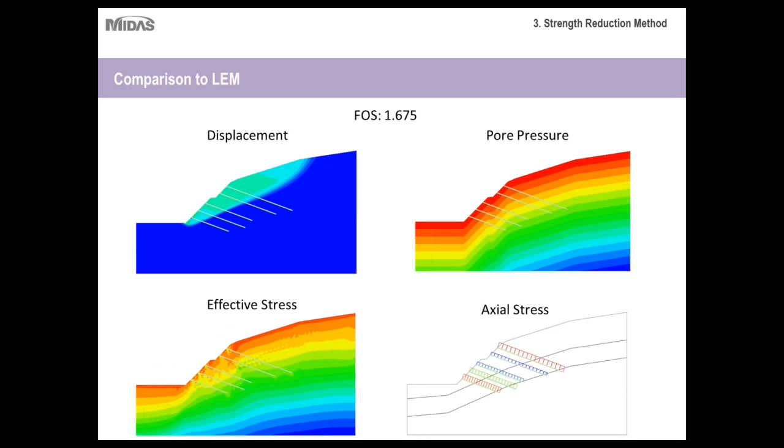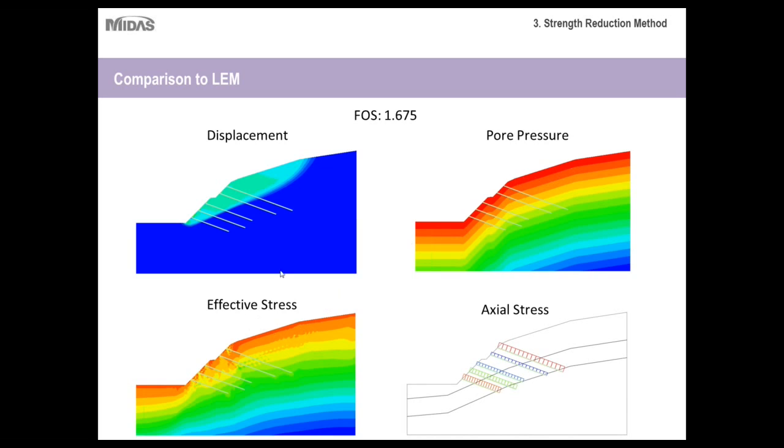Okay, but with the strength reduction method, aside from just the factor of safety, there are other results to be taken into account as well. So the factor of safety for this project was about 1.675. But in addition to that, they've also calculated the displacement, so this is how the slope would deform. Also the pore pressures, so as you can see, as you go further near the surface, the pore pressure is higher.